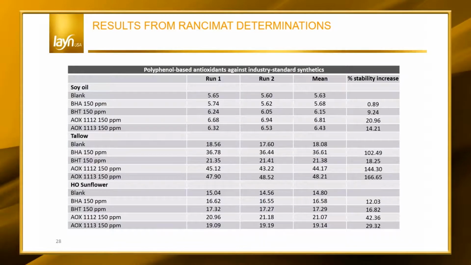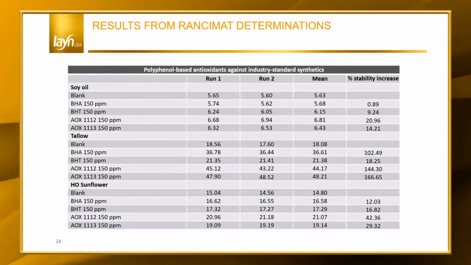This slide contains the results of some of the determinations we made in Rancimat with different lipid substrates. In soy oil, for instance, we can see how the synthetic antioxidants, BHA and BHT, don't really provide a very high stability increase, while some natural polyphenol-rich formulations are able to work twice as well in stability index as, for instance, BHT.